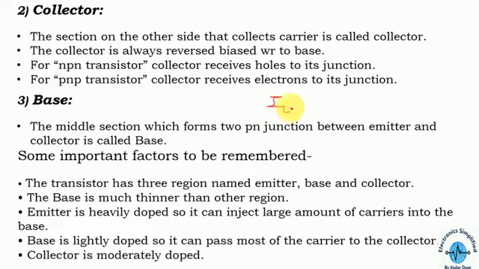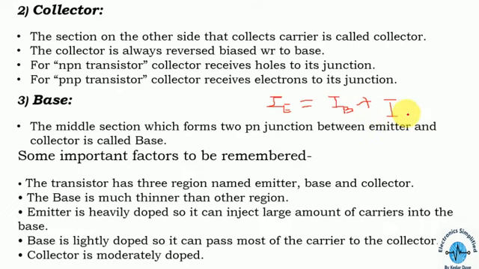One thing we can say is that IE equals IB plus IC. That means if we sum up the base current and the collector current, then it will provide the emitter current.